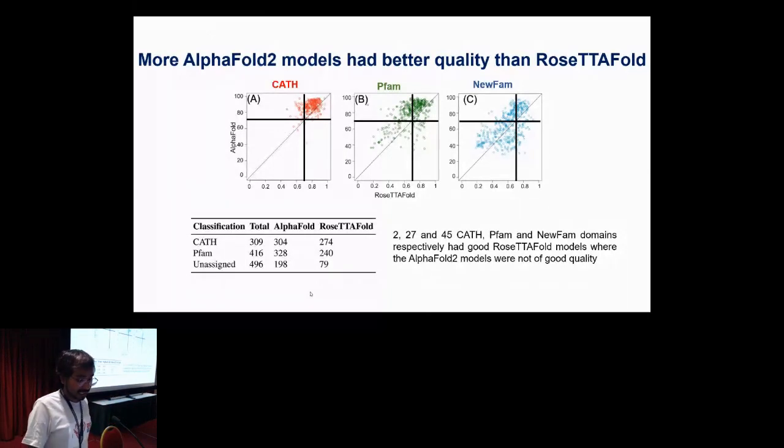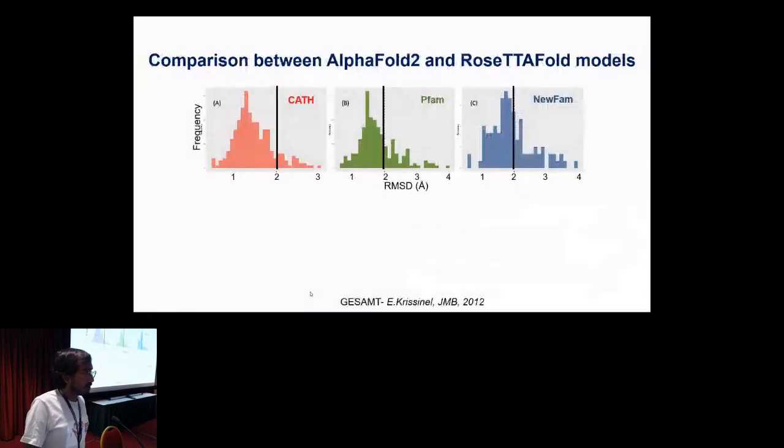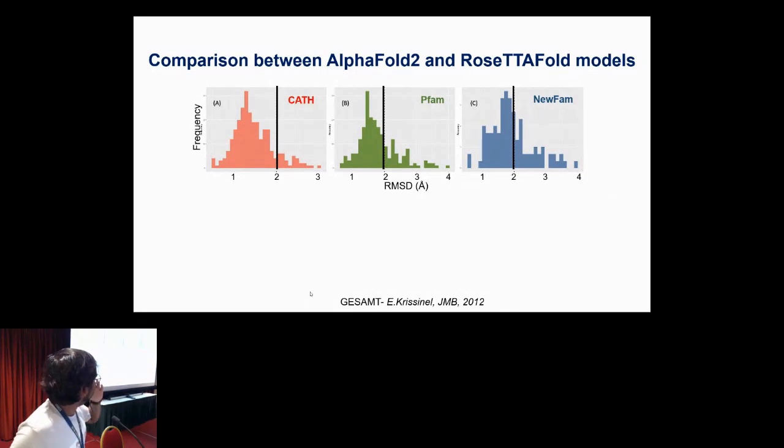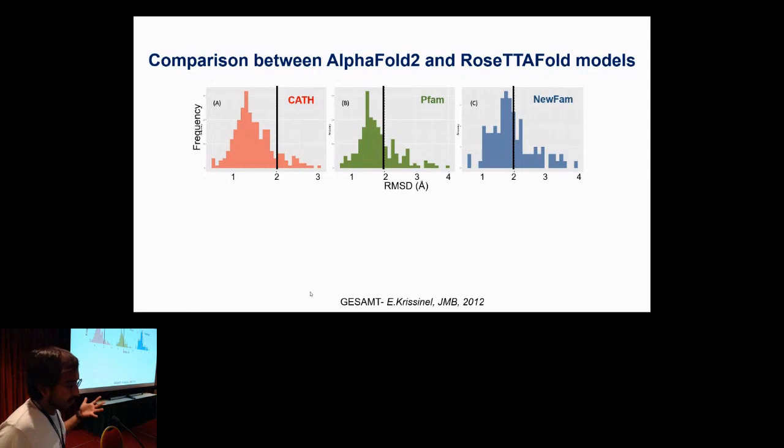We also structurally compared the AlphaFold2 and RoseTTAFold models. For this purpose, we used Gzam to superimpose the structures. Here are the RMSD scores for the 3 different domain types. We see that a larger percentage of CATH domains have a low RMSD, meaning that both AlphaFold and RoseTTAFold say that the structures are very similar to each other.